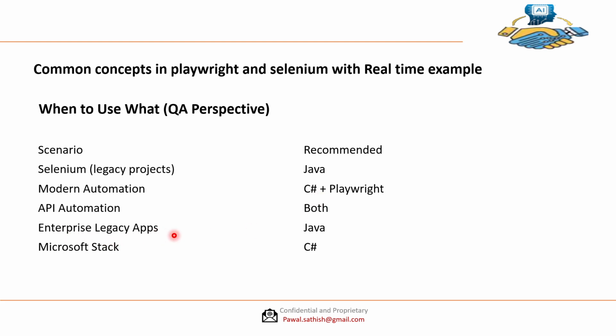For enterprise legacy applications, we recommend Java, whereas if our application is developed on the Microsoft stack, then we'll go ahead with C sharp. Again, it depends on how skillful our QA team is, and it's from a QA perspective only.